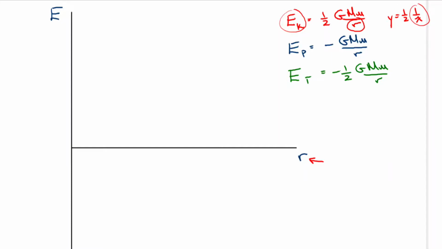Similarly here, I have a y equals negative 1 over x graph if I ignore this, which effectively is just going to provide another vertical stretch. And similarly for the total energy, I've got a graph that looks like y equals negative 1/2 1 over x, a reciprocal graph flipped upside down and then multiplied by a vertical stretch factor of 1/2. And I can ignore the G, M, and the m because they're going to provide the same vertical stretch factor to each of these 3 graphs, and I'm not going to label the axes at all here.